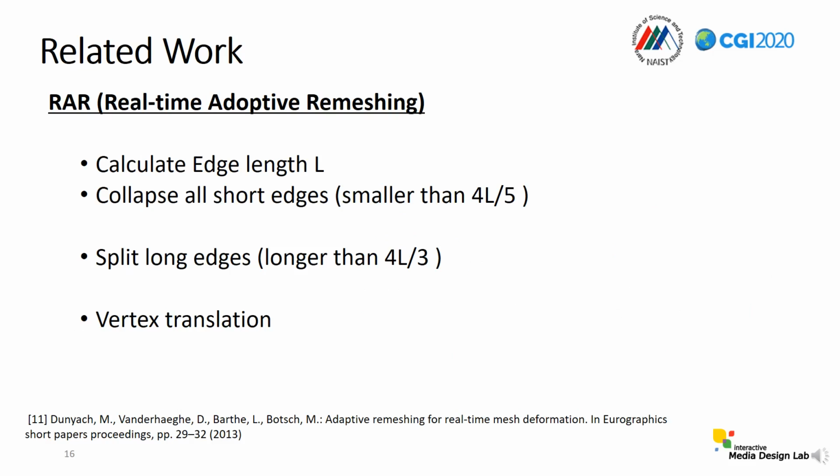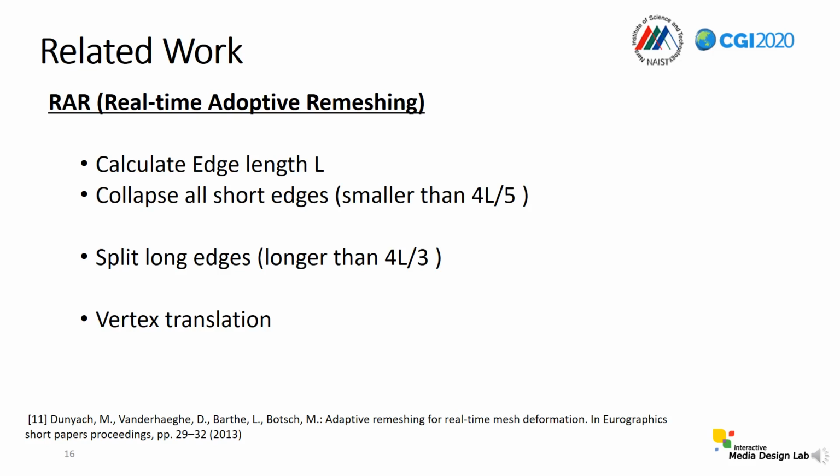Real-time adaptive remeshing is another method that uses edge-based operations. It calculates an edge length using a function, and thus edge length L. For each edge, if it is smaller than a given threshold, it is collapsed, and if it is longer than another threshold, it is split into two edges.